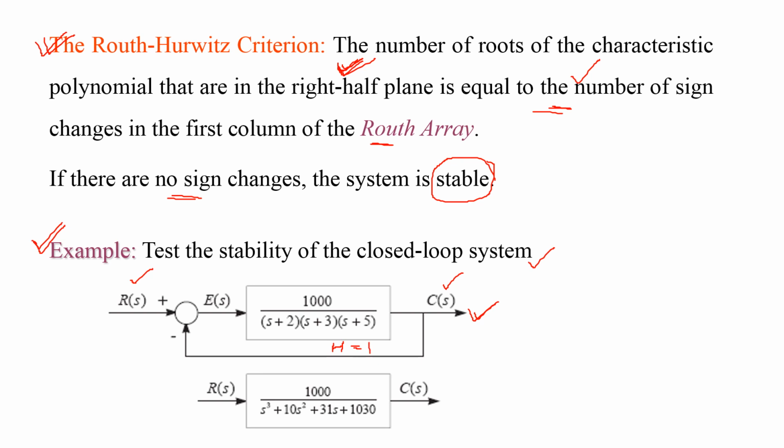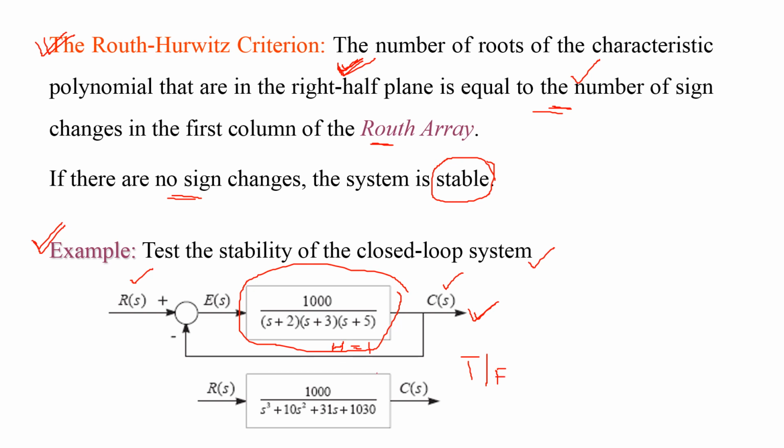Now by using the block diagram reduction technique, we are going to reduce the given system into a transfer function. Why? Because for forming the RH table, we require the characteristic equation, and that characteristic equation comes from a transfer function. So first we have to determine the transfer function for the given system.